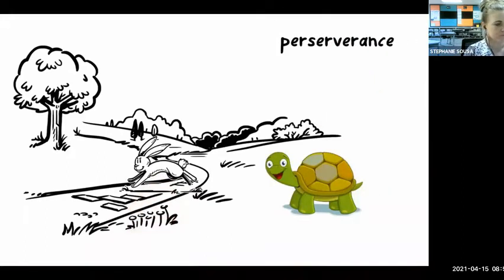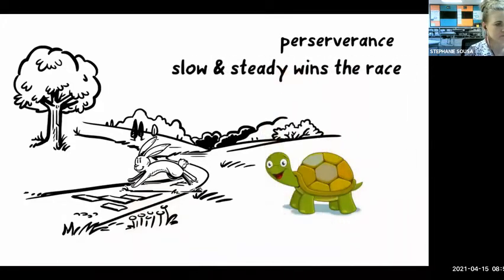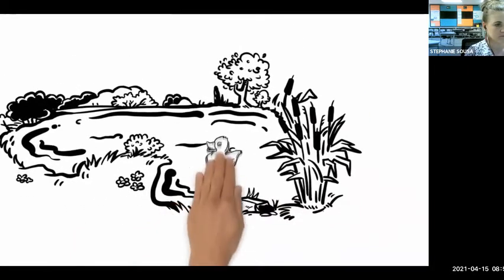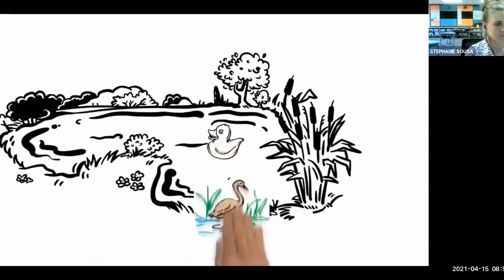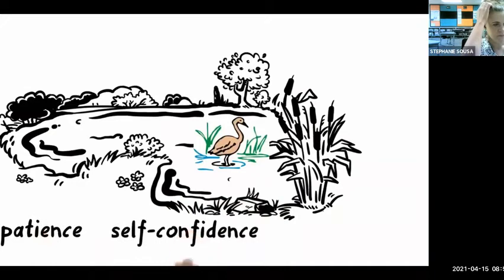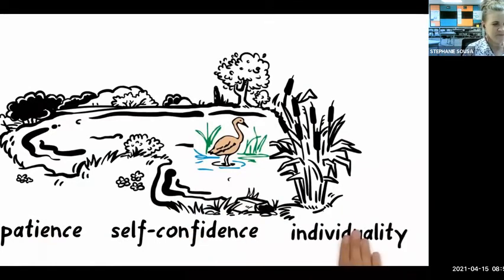Other themes we see in that story are slow and steady wins the race, and a lesson in humility. The Ugly Duckling is the story of a plain little duckling that grows up to be a beautiful swan. In this story, the reader may find the themes of patience, self-confidence, and the importance of individuality.